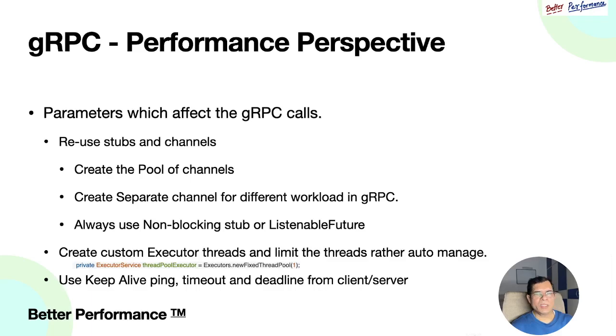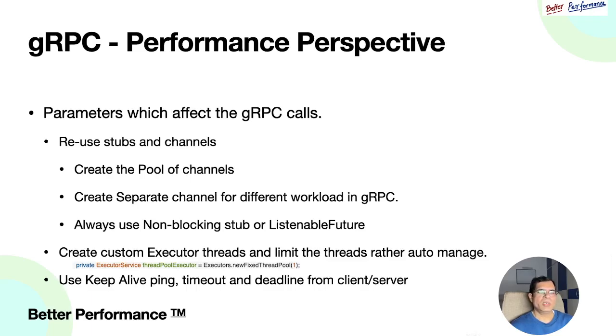The last thing is the deadline from the client and server. Often it happens that the client requires my request to be completed within a limit. I'll give you some real-life examples. Whether it is a mobile app, telecom calls or financial calls, you have a time limit that if the server is not responding within this time, I need to move ahead and start processing the second request.